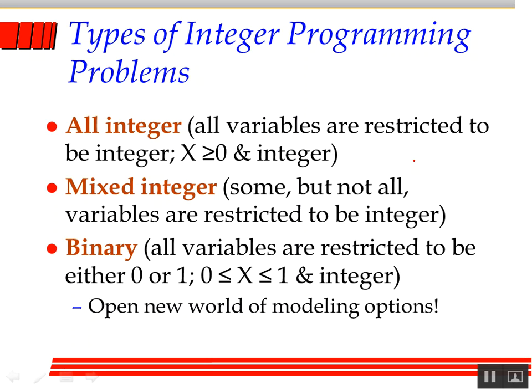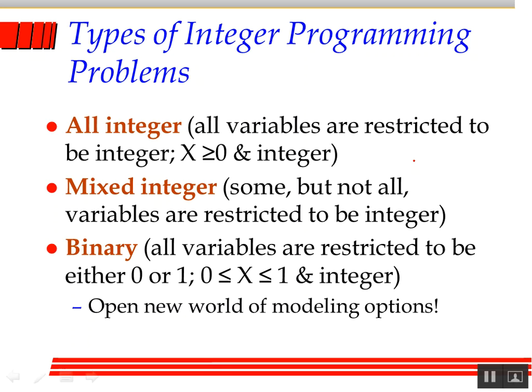So there are 3 types of integer programming problems. Actually there are only 2 types, but the first type is all integers, where every decision variable is an integer. Sometimes you have mixed integer problems, which means some variables are integers and some are not.